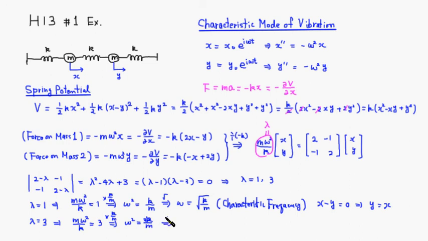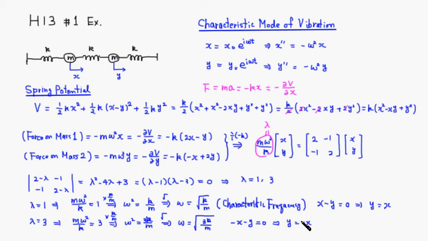Then taking the square root of both sides, we get w equals the square root of 3k over m, right? So this is a characteristic frequency, and in this case, plugging 3 back in here, you're going to get negative x minus y equals 0, which gives you y equals negative x, right?